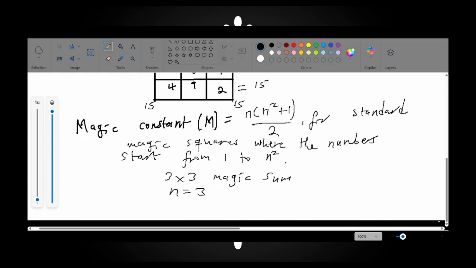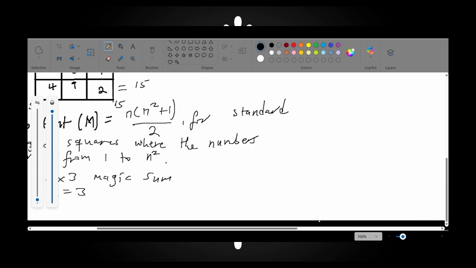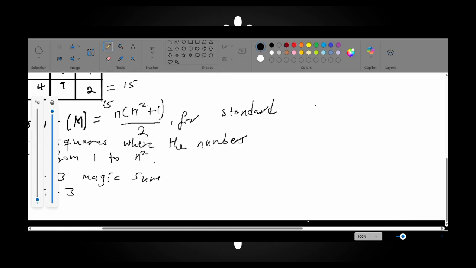And according to the formula, we have M is equal to n times (n squared plus 1) all over 2.